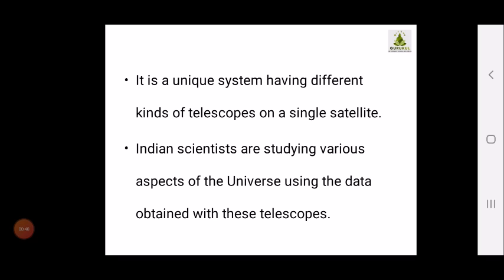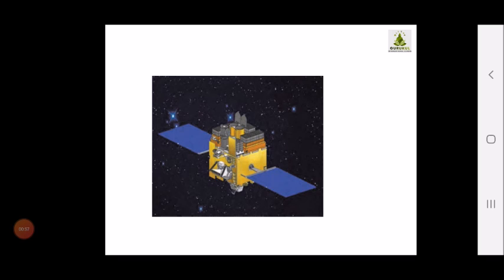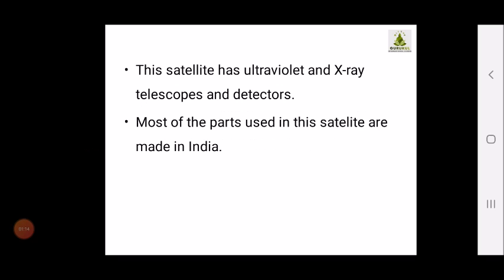So children, AstroSAT is an Indian artificial satellite, and children, I am showing the diagram. This satellite was launched in 2015. One of the very important facts about this satellite is that most of its parts are made in India, and this satellite has many different types of telescopes.